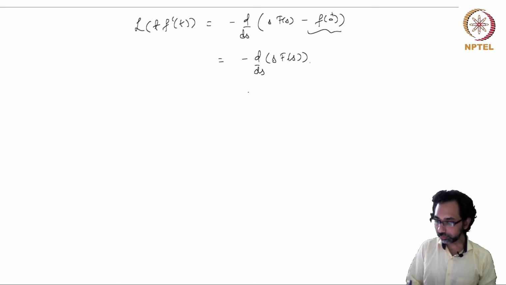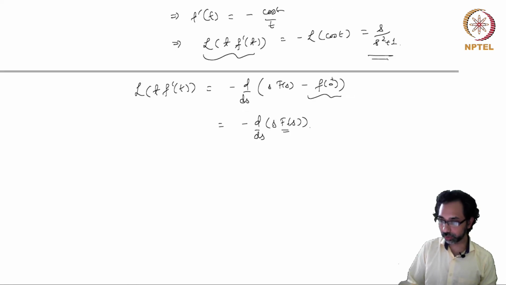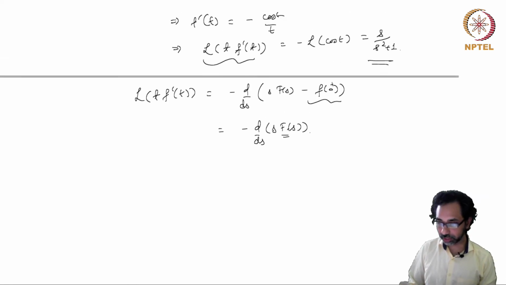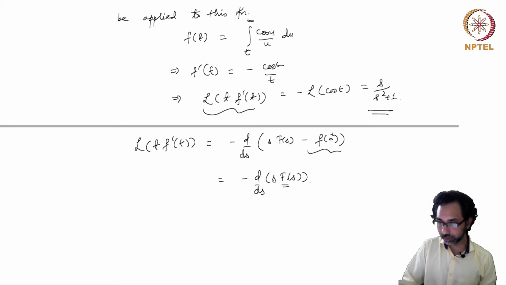So then you can solve a differential equation in F(s) to find the function F(s), given that your right hand side is s over s square plus 1. But as you can see, this limit does not exist, and so this is not a valid formula.